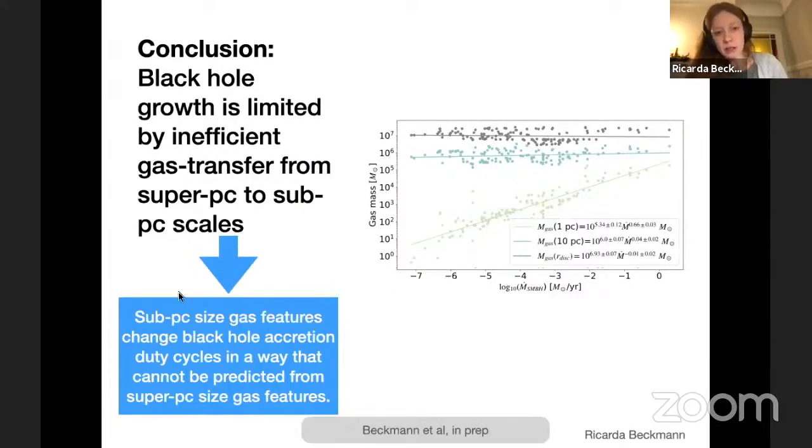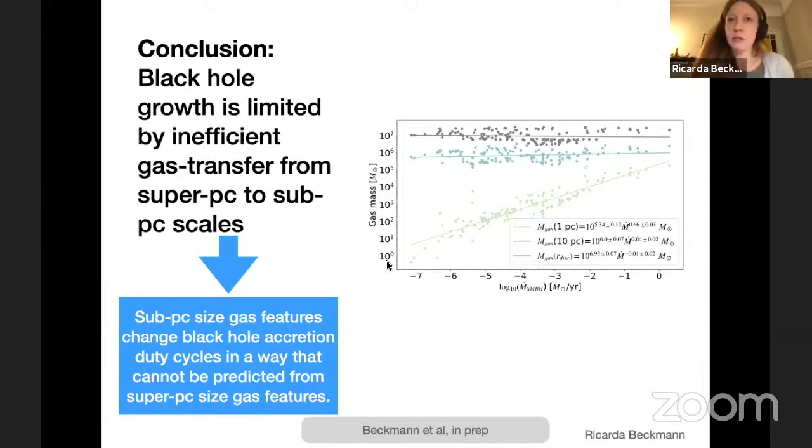So again, we found that subparsec-sized gas features can change the black hole accretion duty cycles in a way that cannot easily be predicted from the superparsec-sized gas features. Part of this is that we were trying to understand whether we can use the information on these larger scales, since this is what's more easily, more cheaply, more commonly available in simulations, to study the black hole growth in these simulations over time.